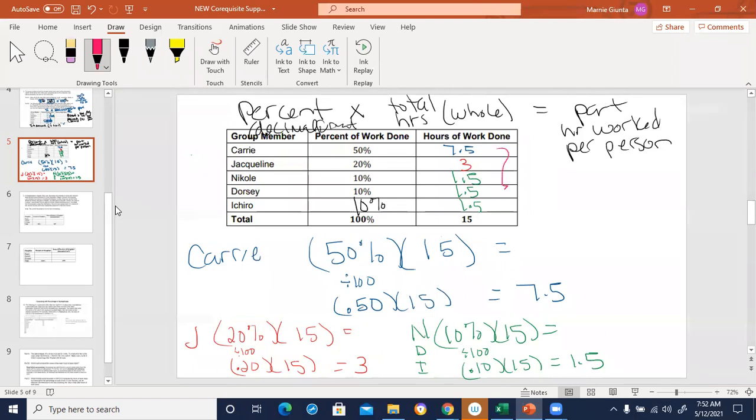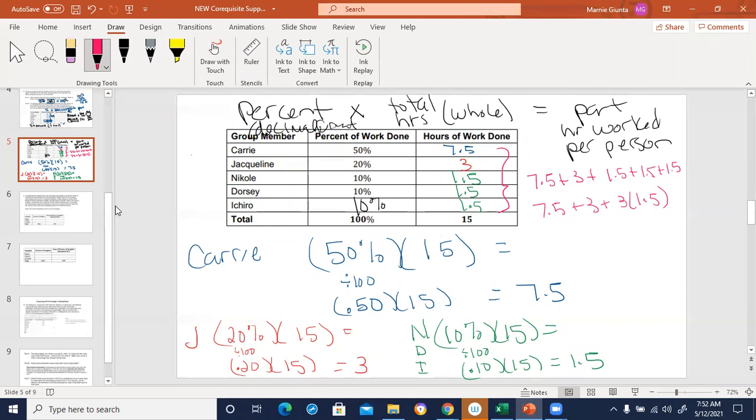So in order to check, I am going to take all of these calculations and add them up: 7.5 plus 3 plus 1.5 plus 1.5 plus 1.5. I probably would have done 3 times 1.5, but whatever you want to do, you want to sum all of these numbers. And if this totals the total amount of work, then I feel good about it.